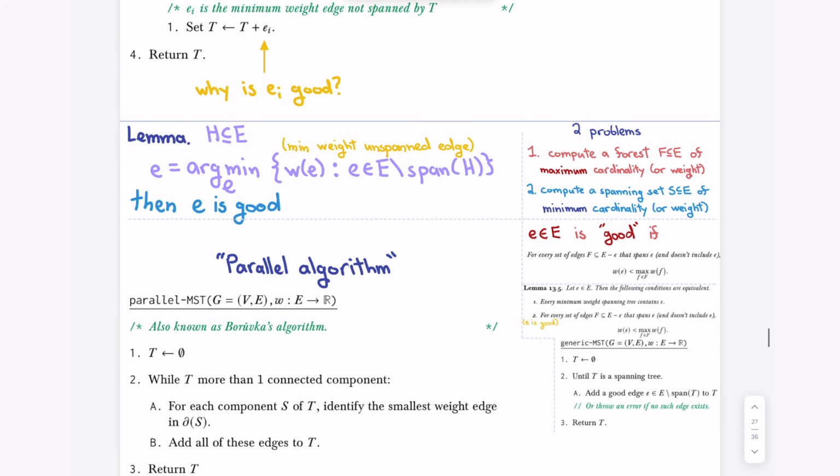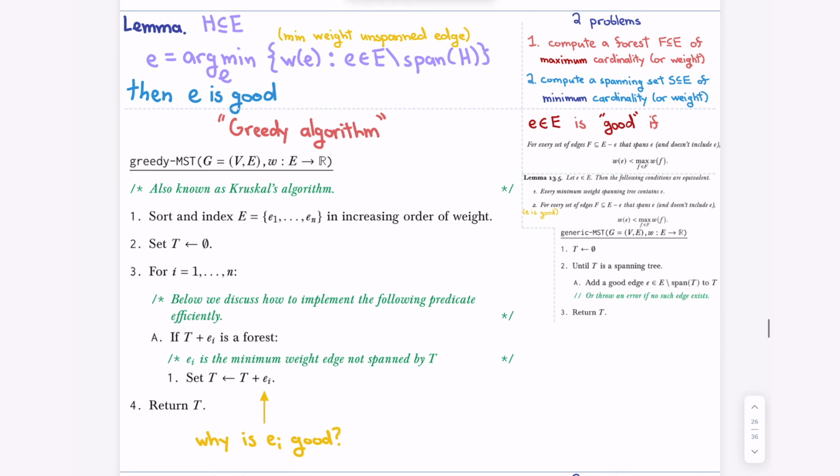Another implication then is that you're actually going to fill up the tree with good edges. What does that also say about the minimum weight spanning tree when the edge weights are distinct? Because we said that every minimum weight spanning tree contains every good edge, right? And you just filled up the tree. There's n minus one good edges, and the minimum weight spanning tree is unique.